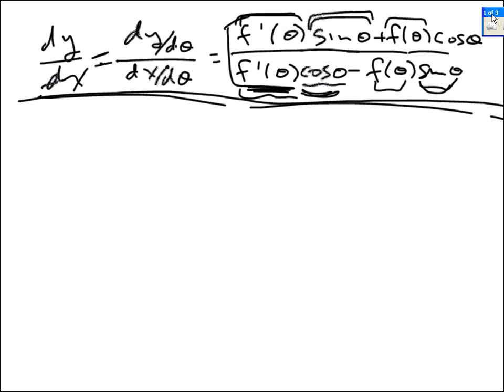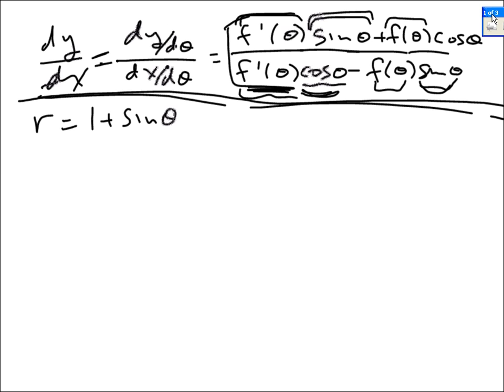And the first curve is r is equal to 1 plus sine theta. Well, for horizontal, I want the numerator to be 0, but not the denominator. Well, let us first find dy dx.